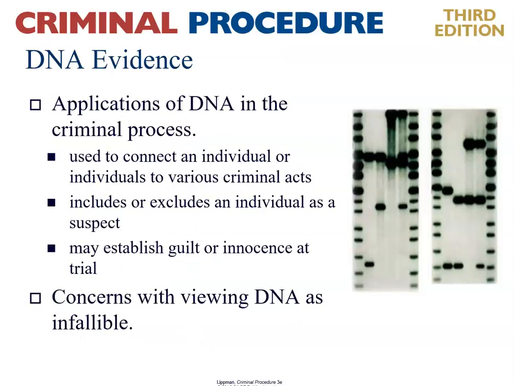I mean, consider the applications of DNA in the criminal justice process. It's used to connect an individual or individuals to various criminal acts, and it basically identifies or includes or excludes an individual as a suspect, meaning that it may establish guilt or innocence at trial.